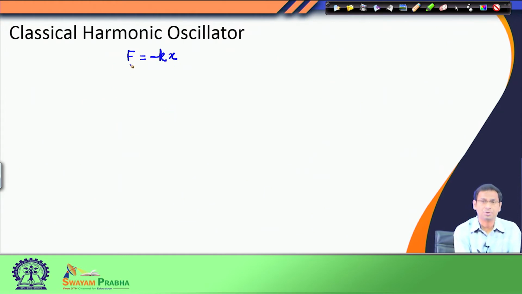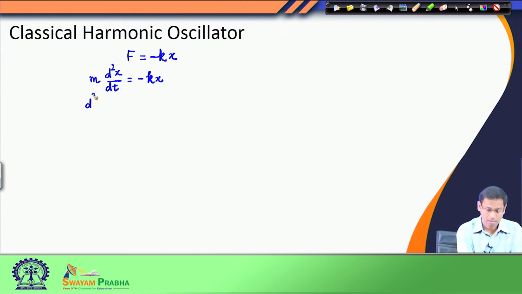But I know from Newton's equation of motion that force is mass into acceleration. So, therefore, I can write this, and now I have a second order differential equation whose solution I already know.